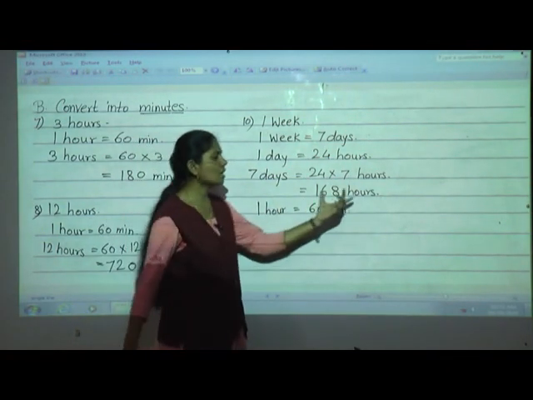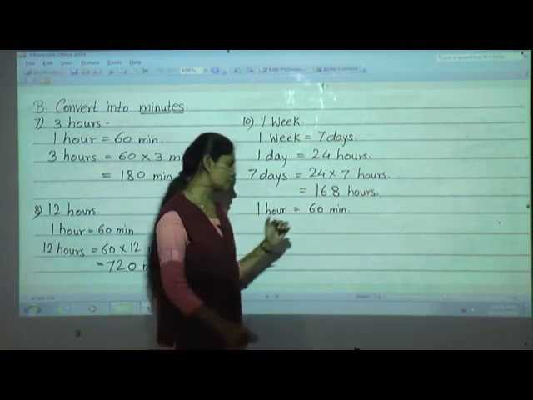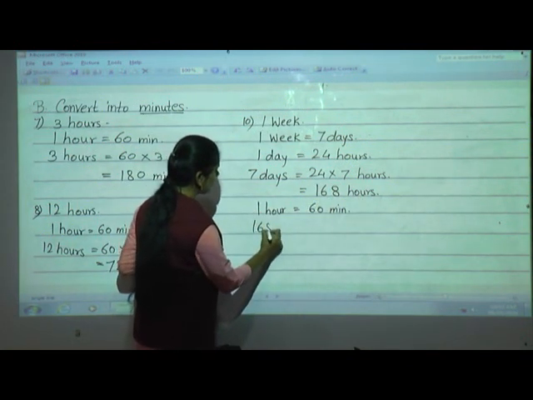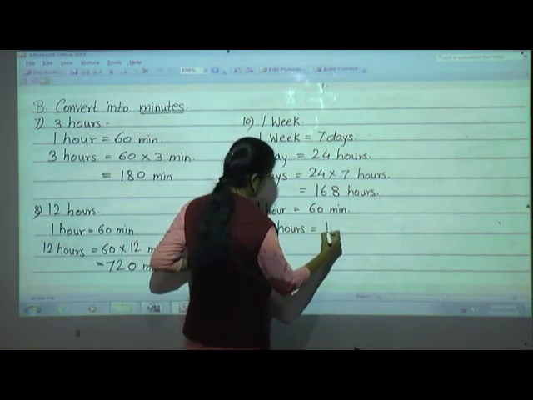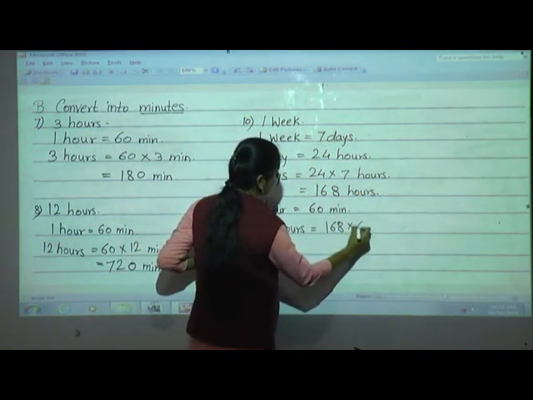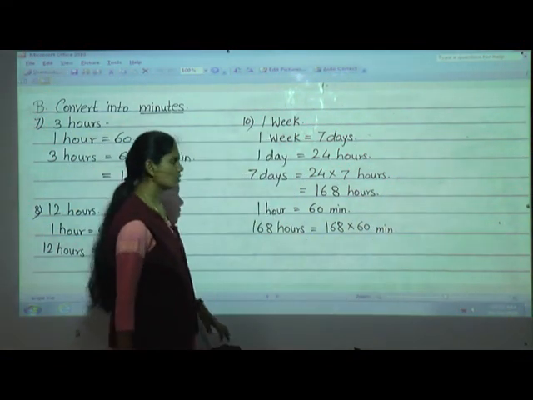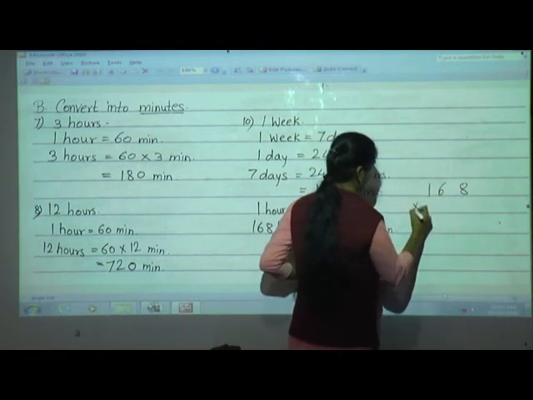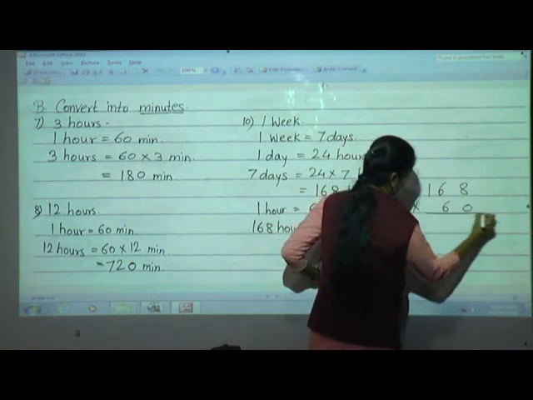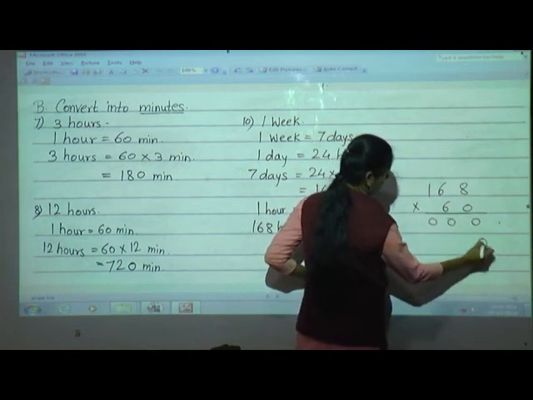1 hour is equal to 60 minutes. Then here how many hours we have? Here we have 168 hours. So here we will write 168 hours is equal to, yes, 168 into 60. Then it will be converted into minutes. So do the multiplication. 168 into 60. 0 into 8, 0, 0, 0. Here we have to give 1 minus 0.